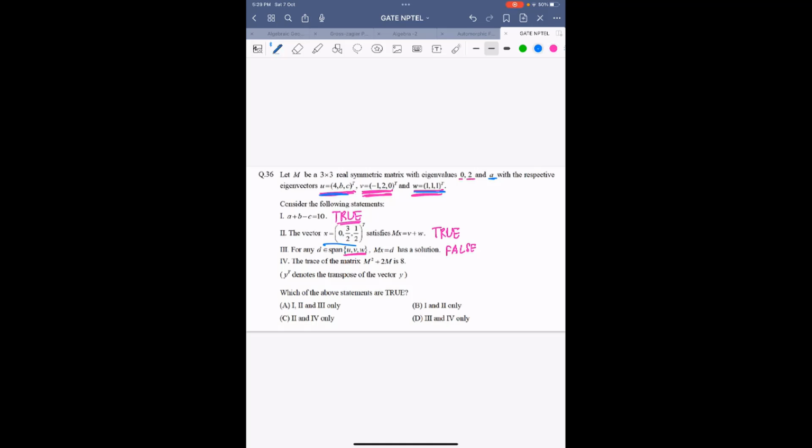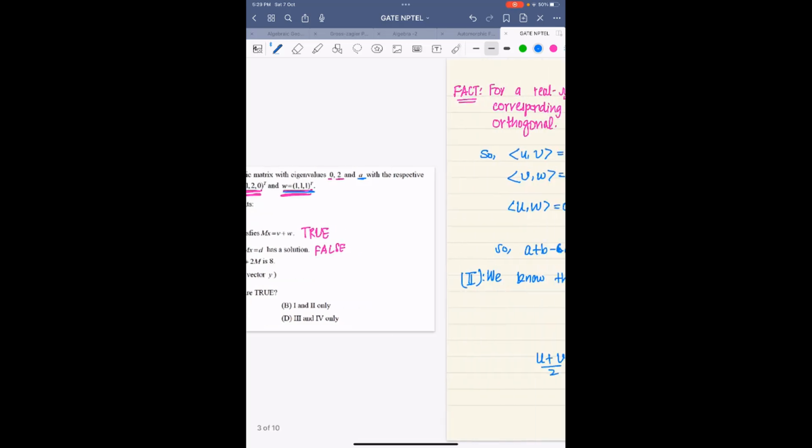So this statement is false. Now, what is the trace of the matrix M square plus 2M? Trace is just the sum of eigenvalues, right? So let me write it.